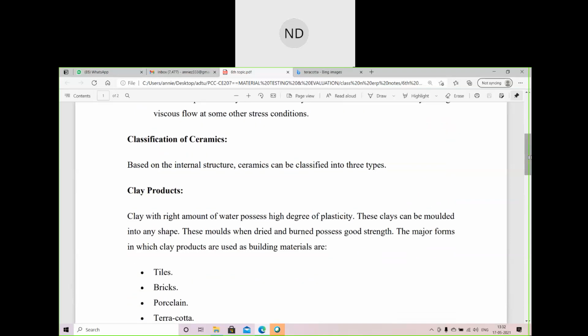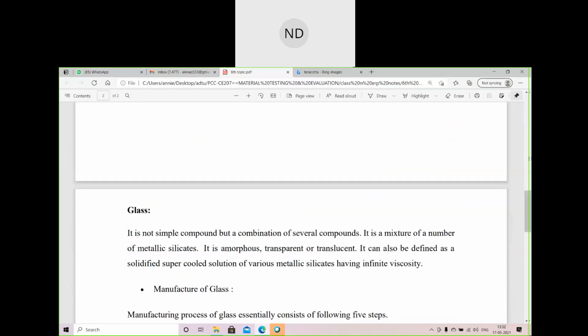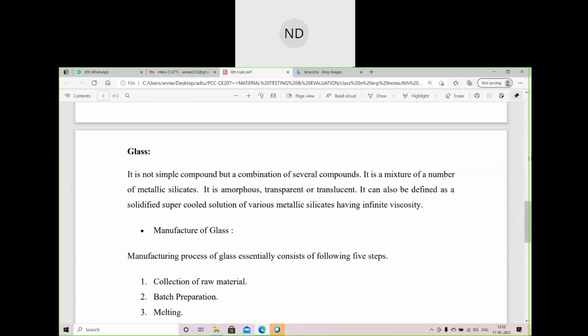We can use different materials for different glasses, but mainly you will have to have these metallic silicates. There are different metallic silicates; it is not like only one metallic silicate is there.